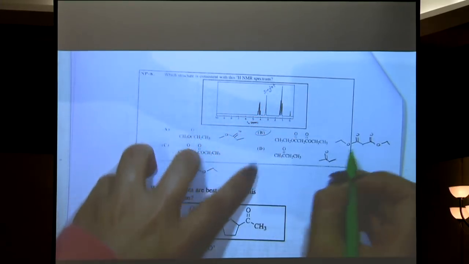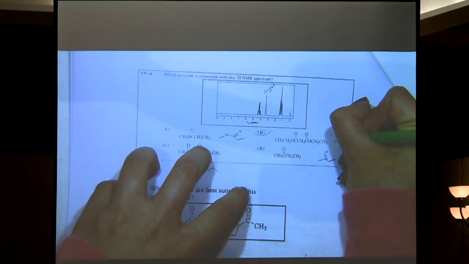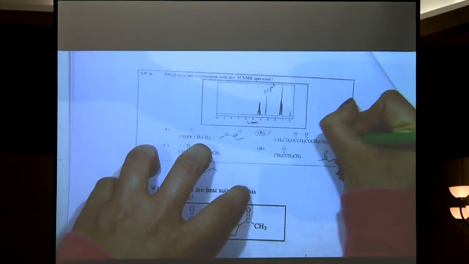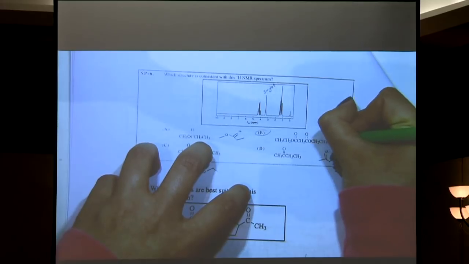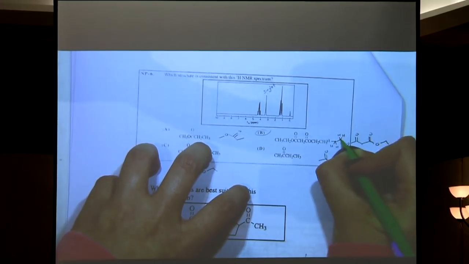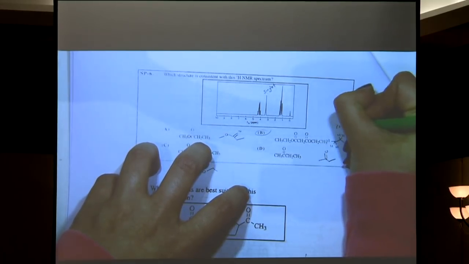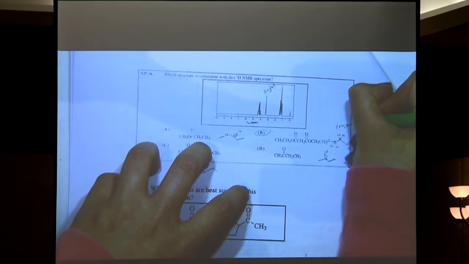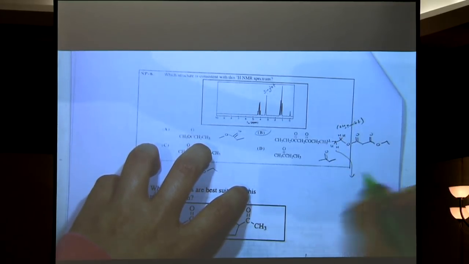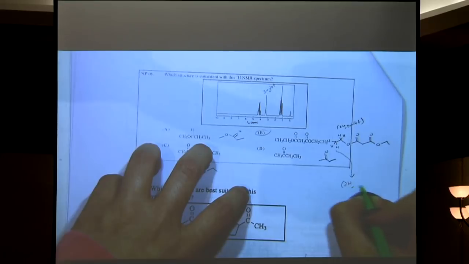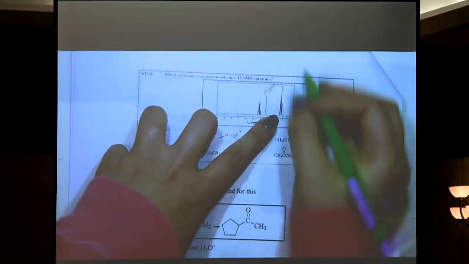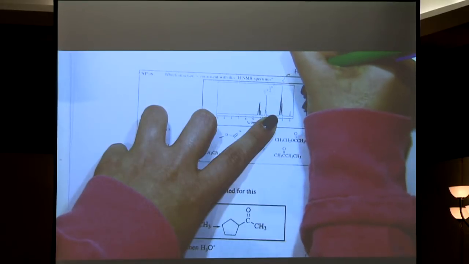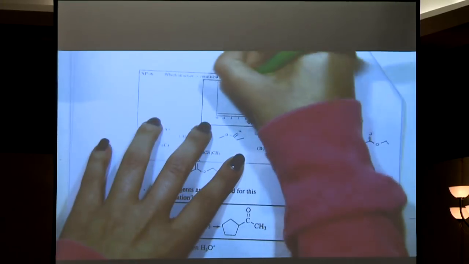All right, so for this over here, that should be a quartet. So a 2H quartet. This one should be a 3H triplet, which is what we see over here. So this is our triplet. That's the quartet.